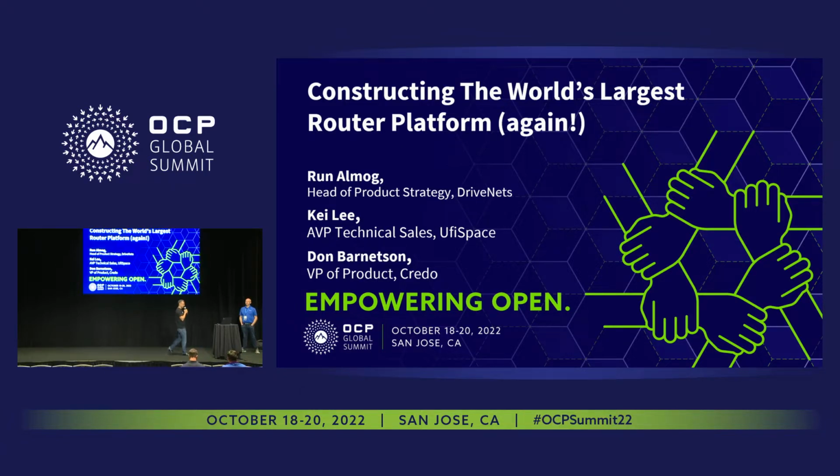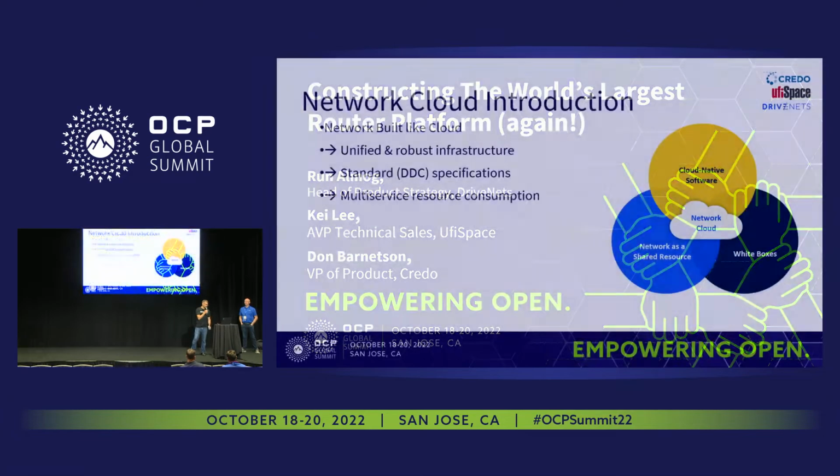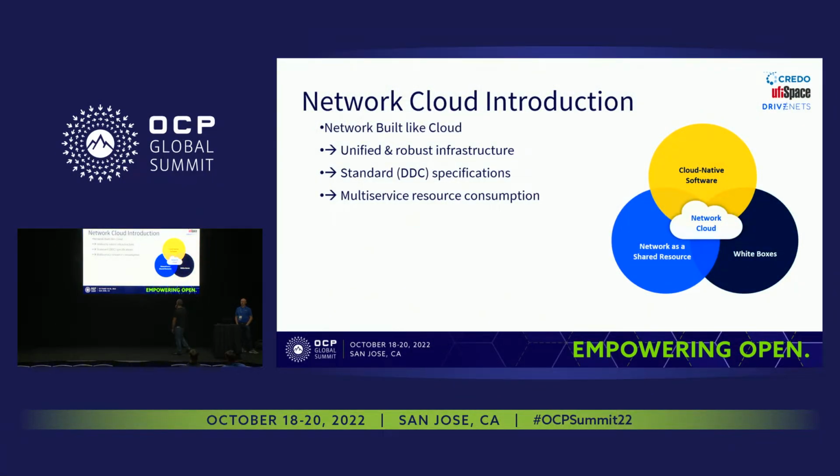So a few words about what DDC is. That's the Drivenets perspective of this. We say that we build networks like cloud, and networks like cloud doesn't mean that the network is serving the cloud like the traditional AWS or whatever other cloud that you can think of, but the network itself is a cloud.